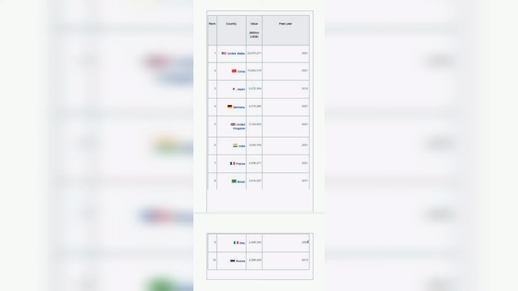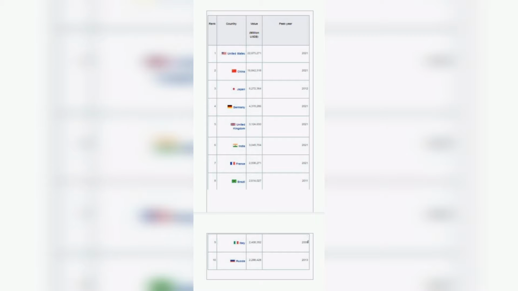Next, China. China has net GDP of $16.6 trillion. And on the third, there is Japan. Japan has nominal GDP of $6.3 trillion.